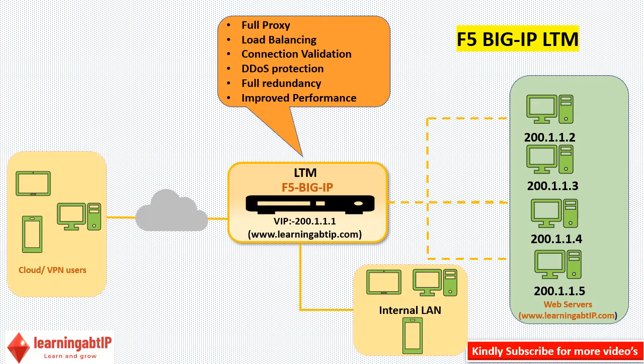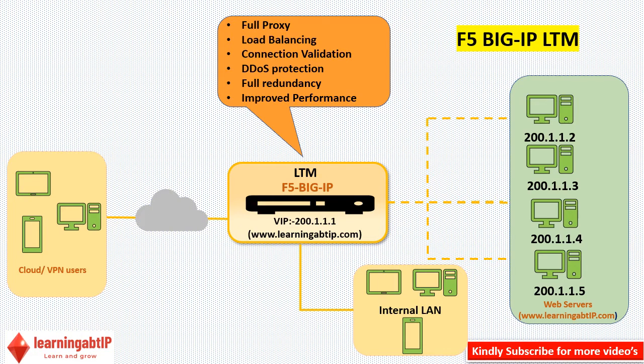In order to provide full redundancy, connection validation, reliability, and improved performance, we need someone who accepts the connections, manages them, balances the load across the pool of servers, inspects the traffic entering and exiting the network, and most important, that system should know about the availability of web servers, whether they are online or offline.